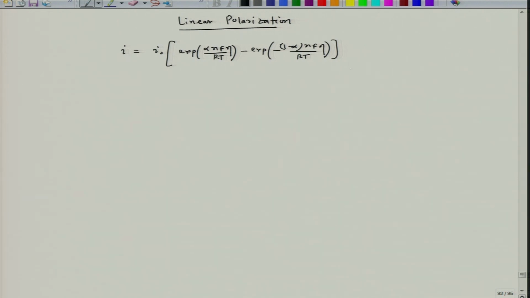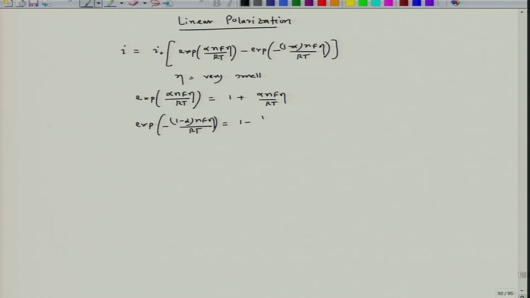Now, if eta is very small, I can expand the exponential of alpha n F eta by RT as an approximation, as 1 plus alpha n F eta by RT, whereas the exponential of minus (1 minus alpha) n F eta by RT can also be expanded as 1 minus (1 minus alpha) n F eta by RT.